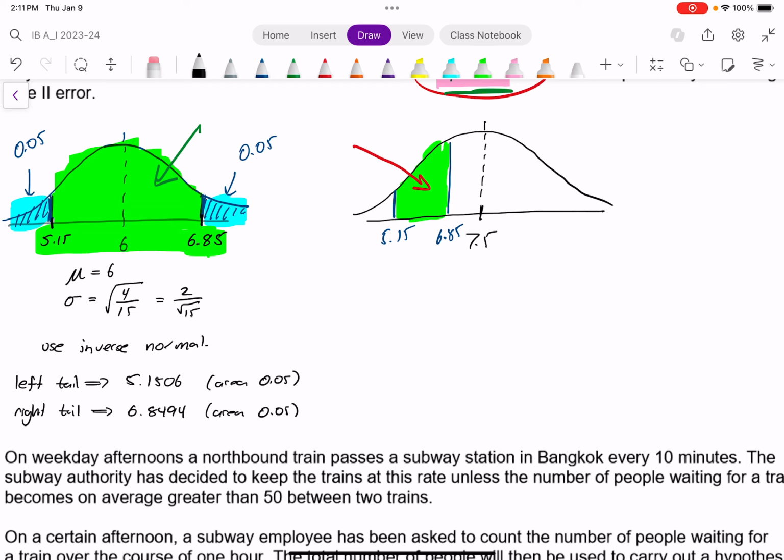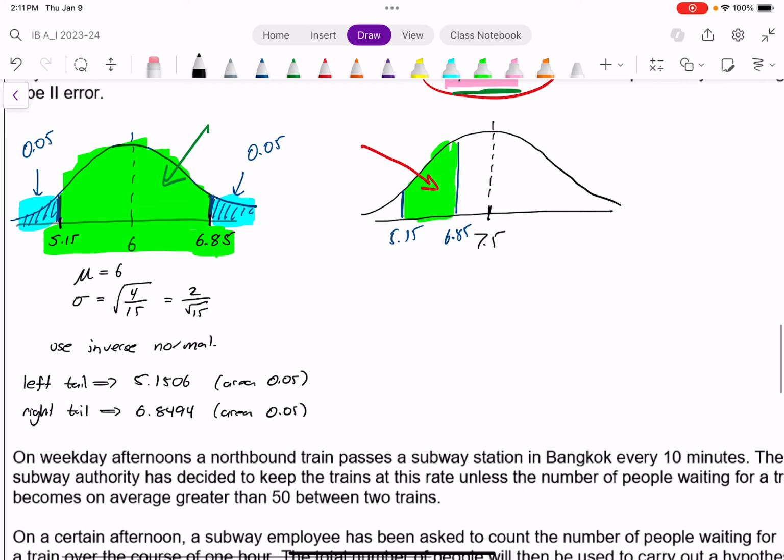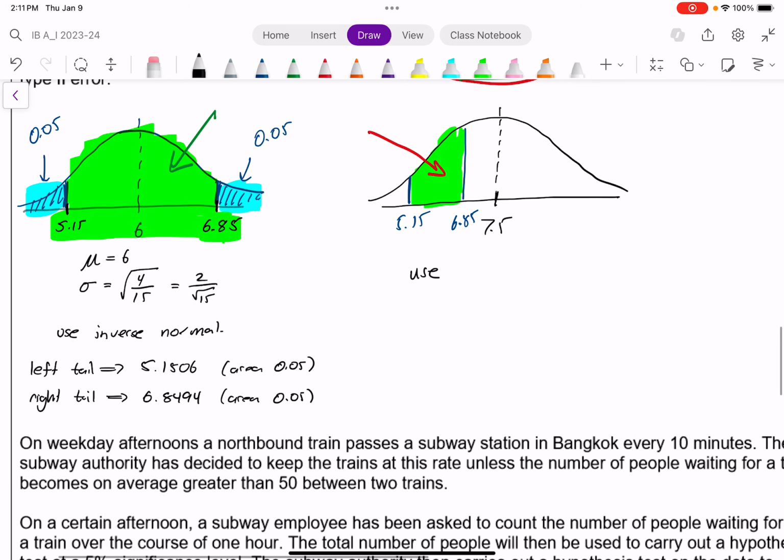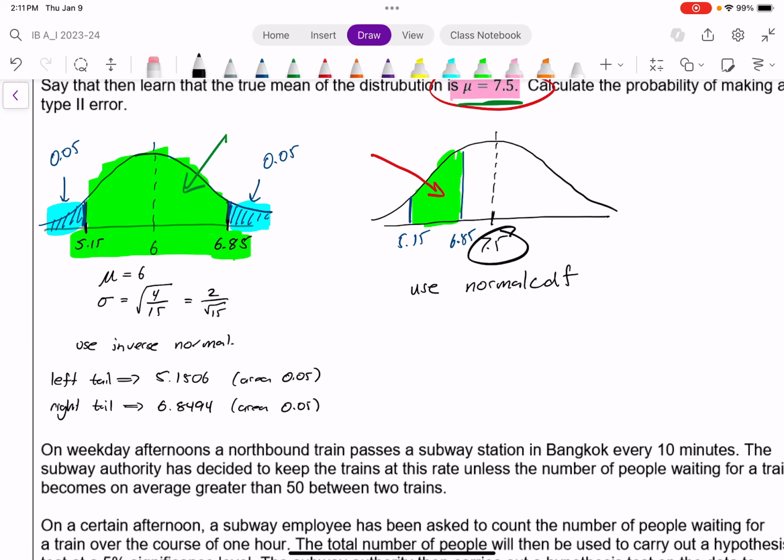Again, I want to use my normal function, but this time I know the bounds, so I can just use the normal cumulative distribution function, in which we want to find the probability with a mean of 7.5 and a standard deviation, again, of 2 over root 15. This time, what's the probability of it being between these two bounds?